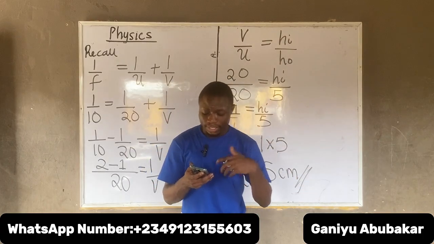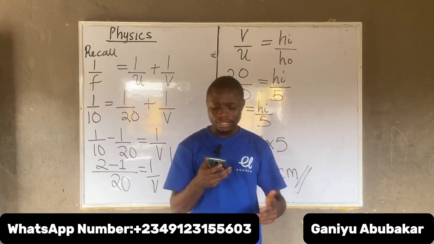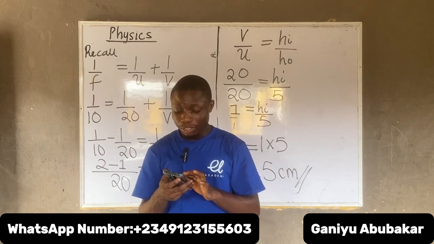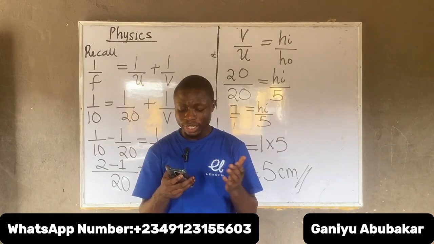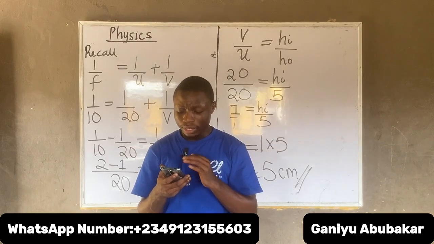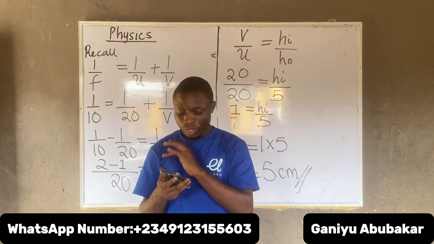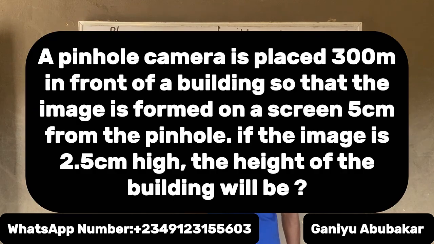Option A, 6. Option B, 10. Option C, 0.7. Option D, 0.1. Those are my options there.